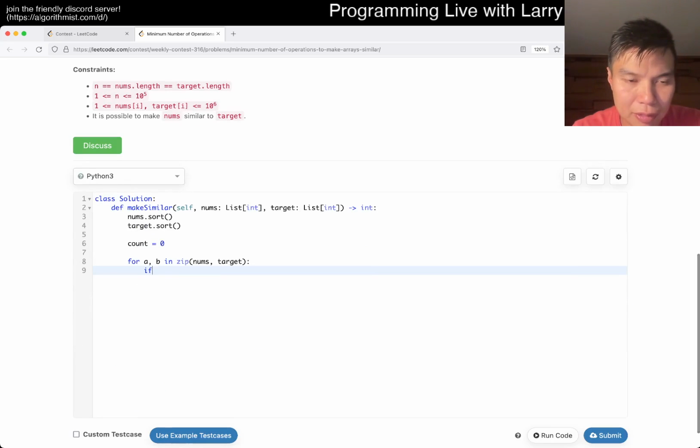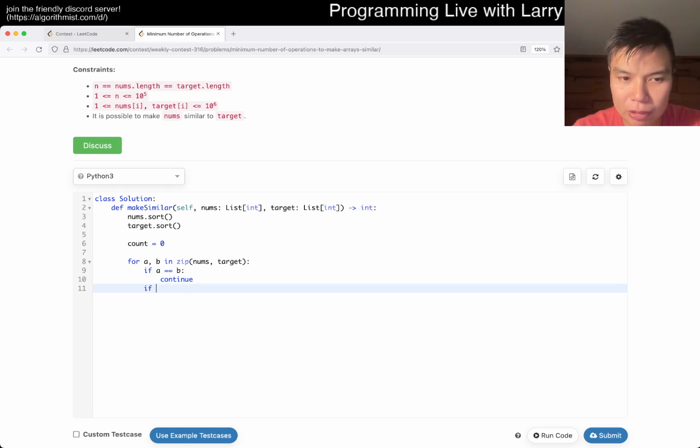If a is greater than b... I think we just go for the scenarios, right? If a is equal to b, we continue. If a is greater than b, then we need to give a number to the future, right?